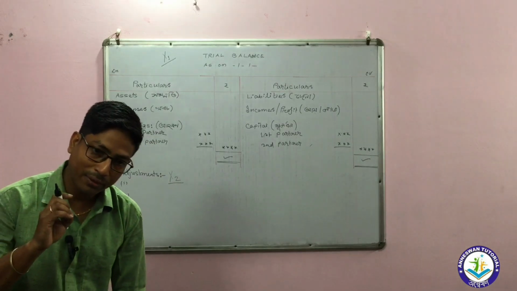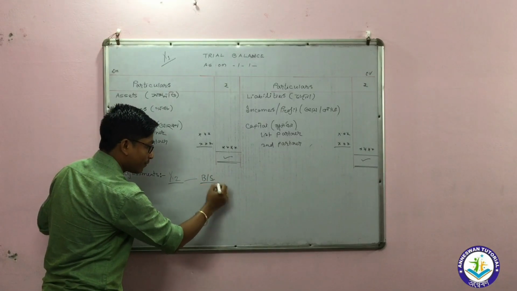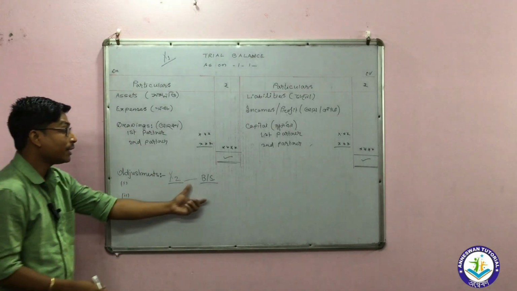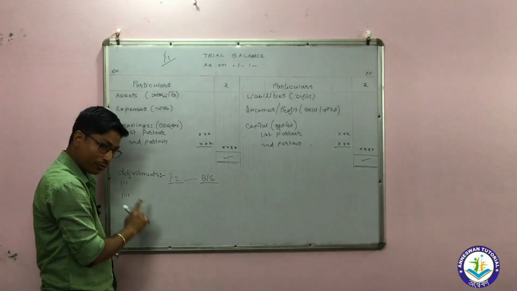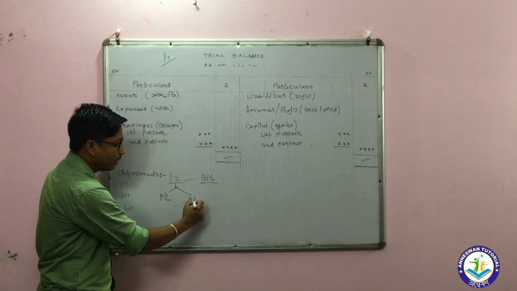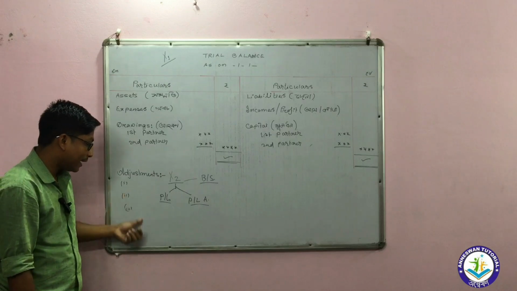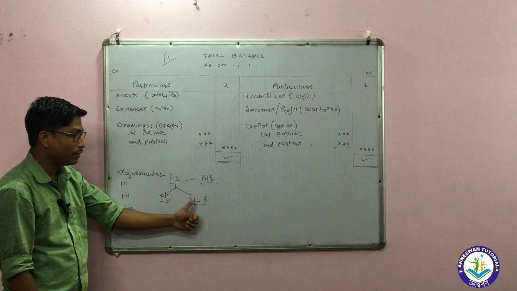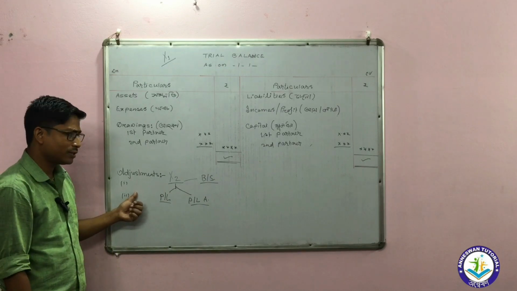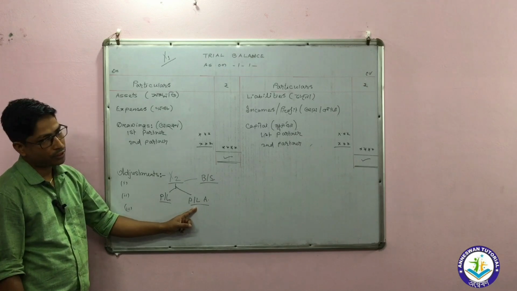Next, the adjustments are used twice. Adjustments will be used twice, and I confirm that again. First, the balance sheet is compulsory. One more use remains in our hand, and that use is either the profit and loss account or the profit and loss appropriation account. Now how will you know whether these items will go to the profit and loss account or to the profit and loss appropriation account? You just need to examine: if the transaction is relating to a partner, then it will be transferred to the profit and loss appropriation account.